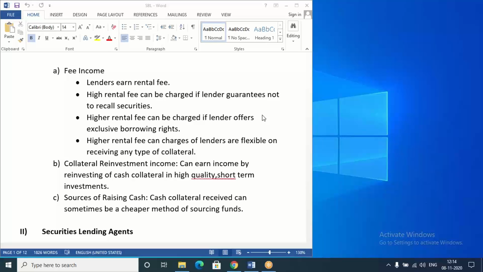Let's say the lender needs money for some reason and he has securities. He can loan them out to someone and ask for cash as collateral. Now he can reinvest that cash or use it for what he needed.